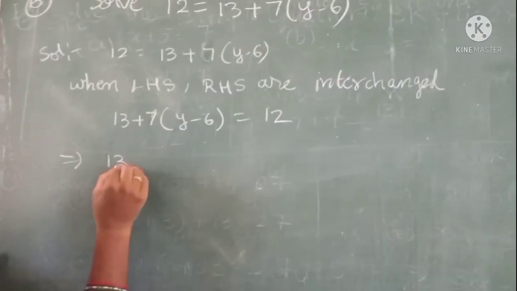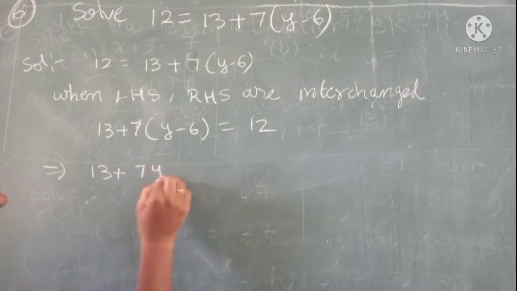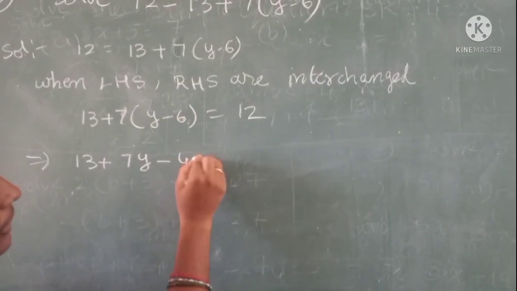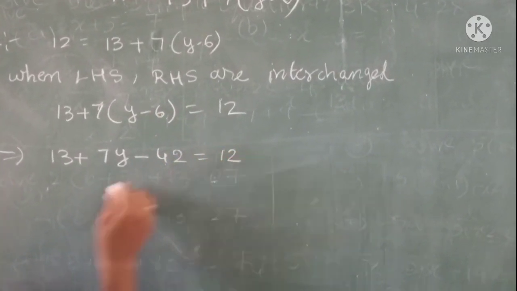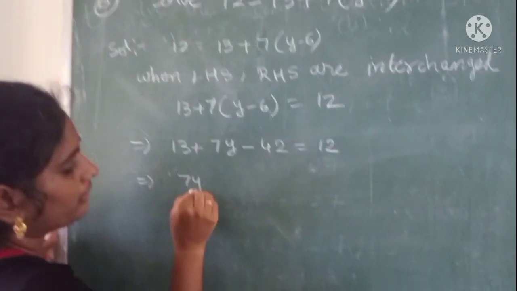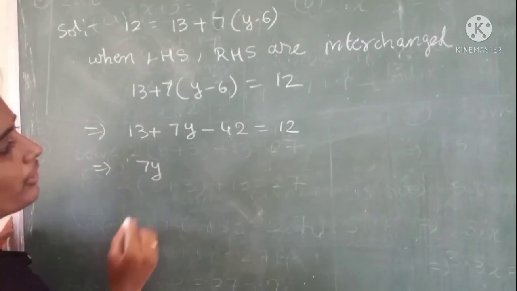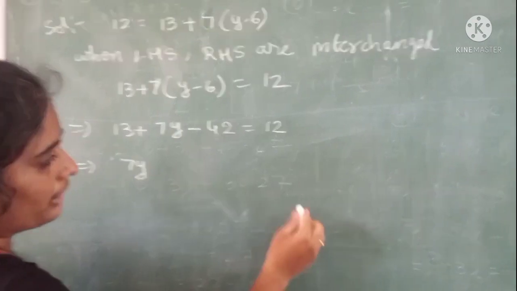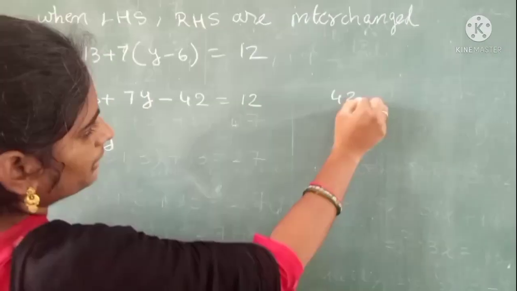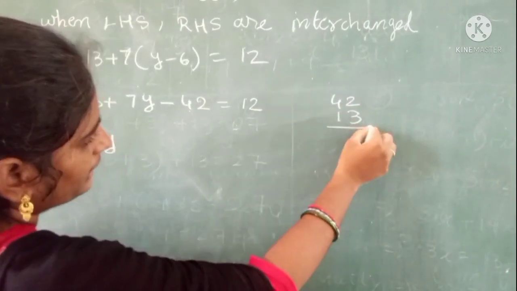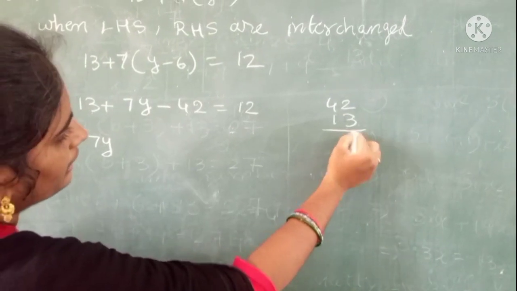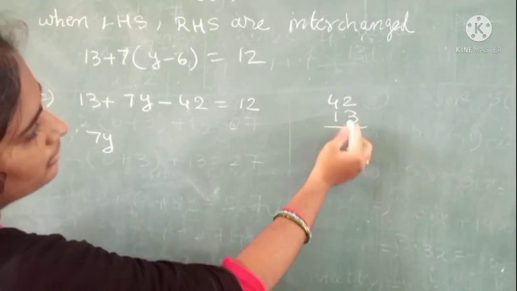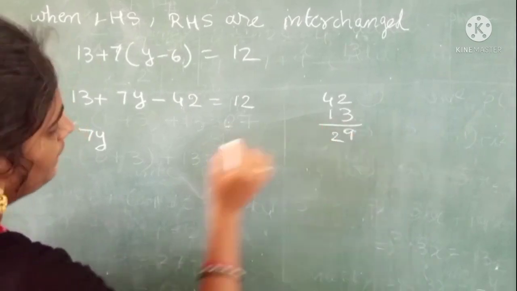So 13 plus 7 into y, 7y, 7 sixes are 42, equals 12. 7y plus 13 minus 42. Removing 42 from 13 gives minus 29.